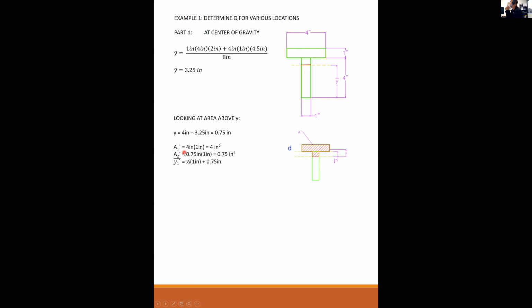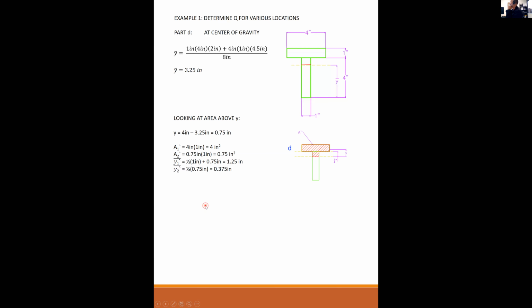Actually, I'm not going to add them together just yet. Y bar prime 1 is the distance from the center of gravity to the centroid of the top plate, which is 1/2 of 1 plus 3/4 inch, equals 1¼ inch. Then Y bar prime 2 is just halfway to this segment right here. This segment is 3/4 inch high, so the distance from its centroid to the center of gravity of the whole section is half of that 3/4, or 3/8 of an inch.